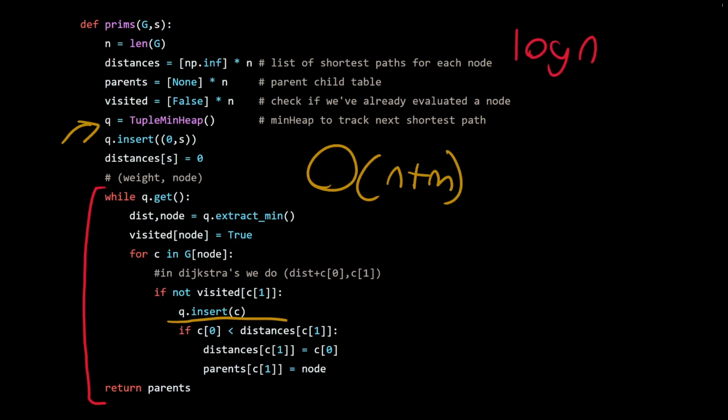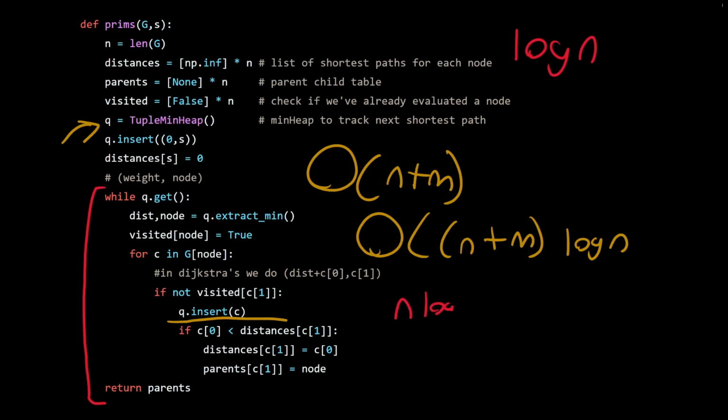So if we're doing that every time we're doing our BFS, that's going to amount to big O of n plus m times log n. This is going to give us n log n plus m log n. But recall, we're going to want the bigger portion of this plus sign. So this side or this side?